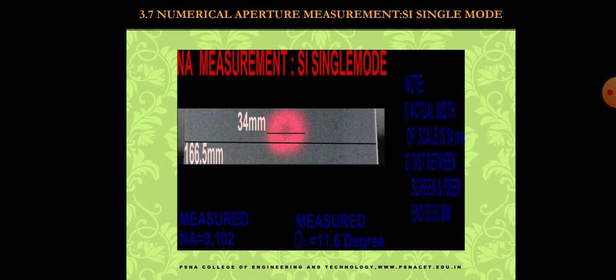And the actual width measured over the scale on the screen is 54 mm. So now we are going to calculate the numerical aperture and V number in the next section.